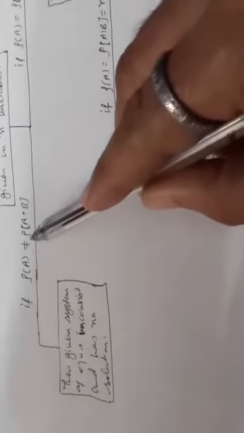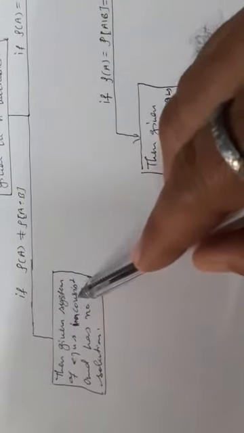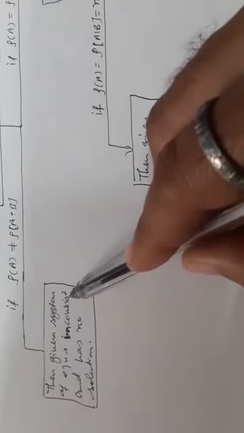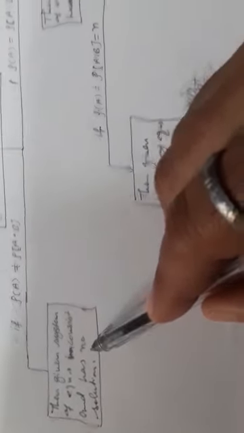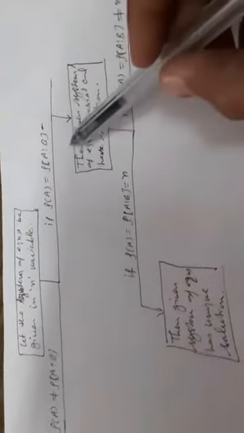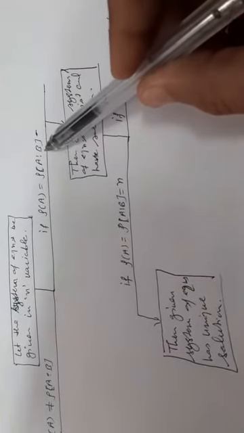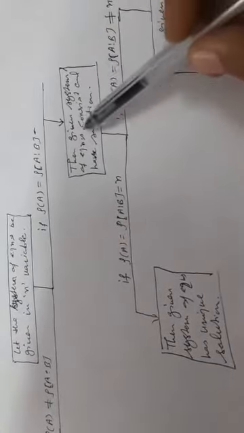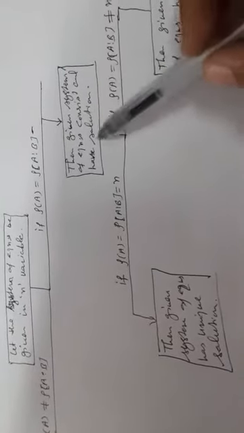If their ranks are unequal, then the given system of equations is inconsistent and has no solution. And if the rank of matrix A is equal to the rank of A augmented B, then the given system of equations is consistent and has a solution.